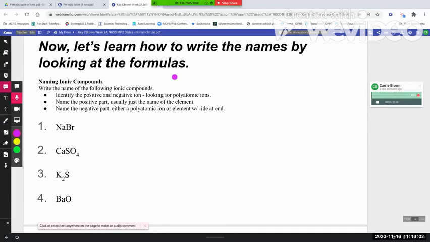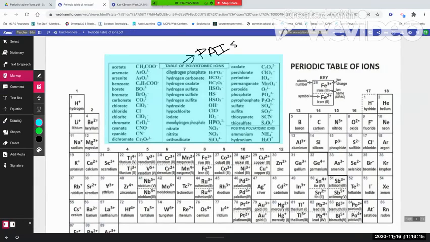And the only other additional thing is if it is an element anion, you're going to write the name in IDE. So when you look at the periodic table of ions, you'll notice that the anion names don't exactly match the periodic table because they've already adjusted the ending for you to be IDE, okay, for most of them.